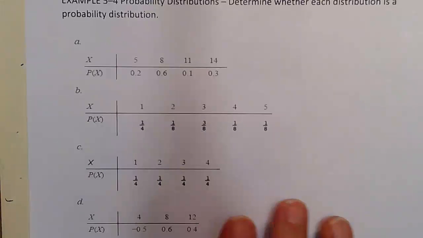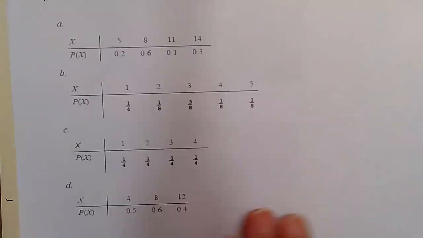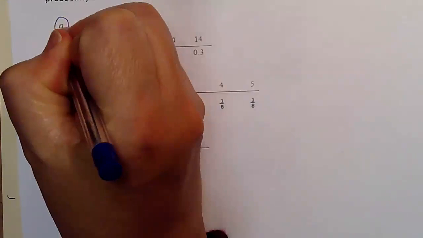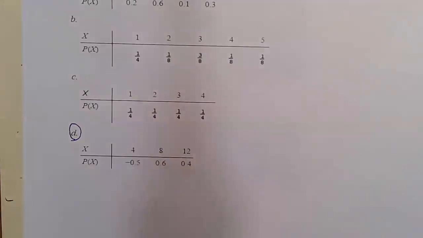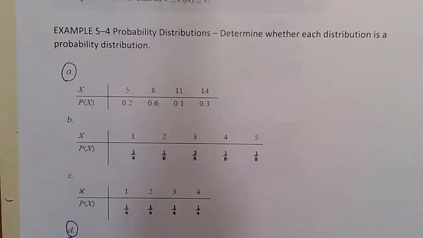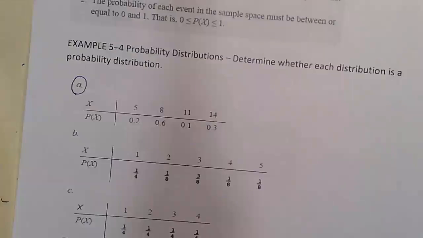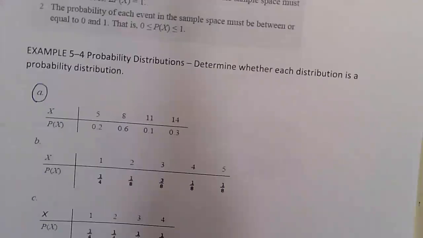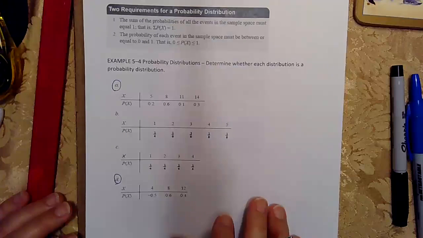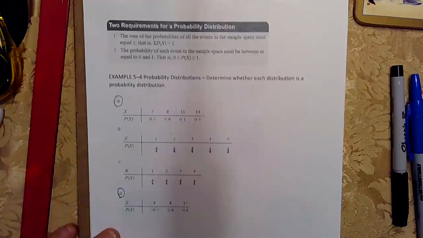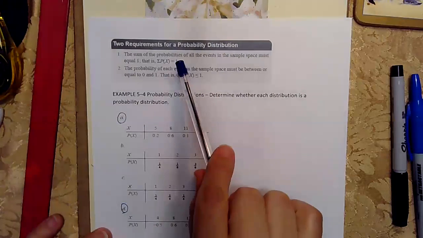Okay, here we go. This one has 4 examples, and I don't do all 4. I just do 2. I usually do A and D. And this is kind of like what we were doing before. Determine whether each distribution is a probability distribution. You would have to check for both of these.